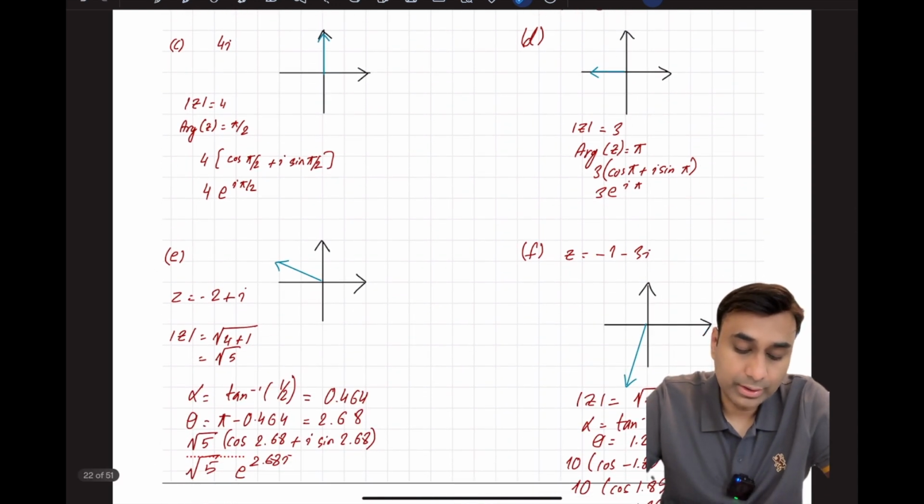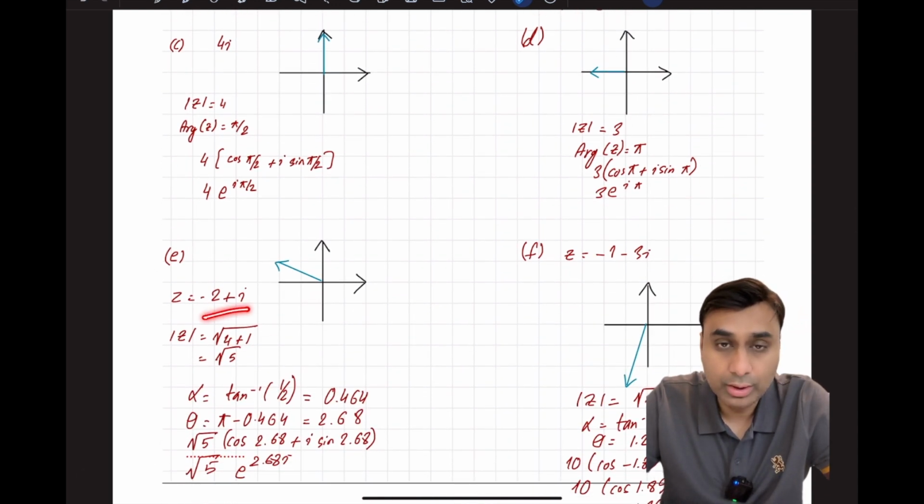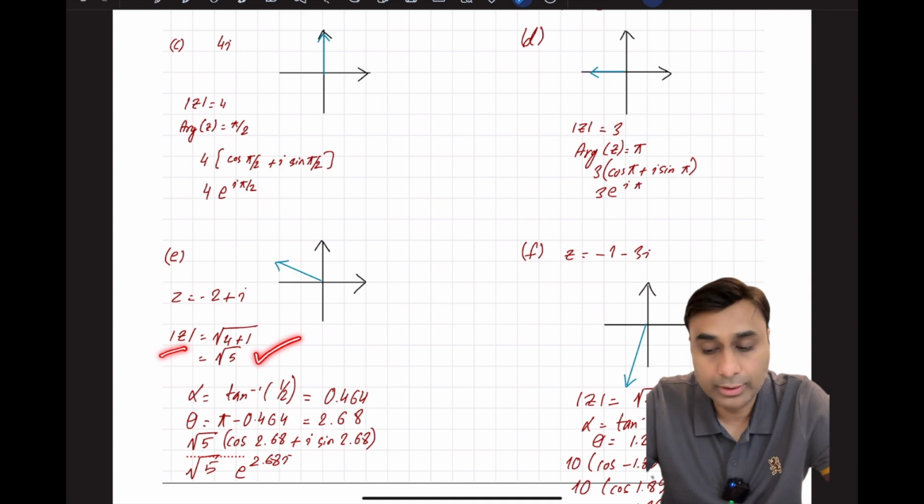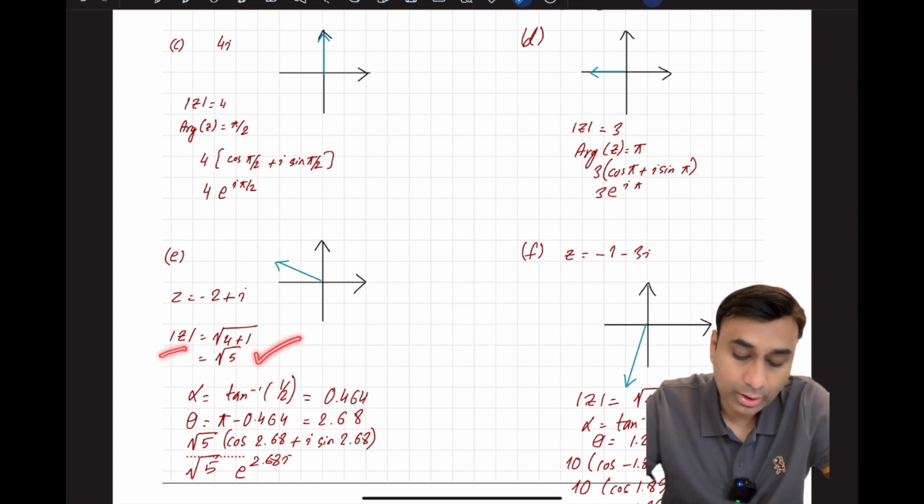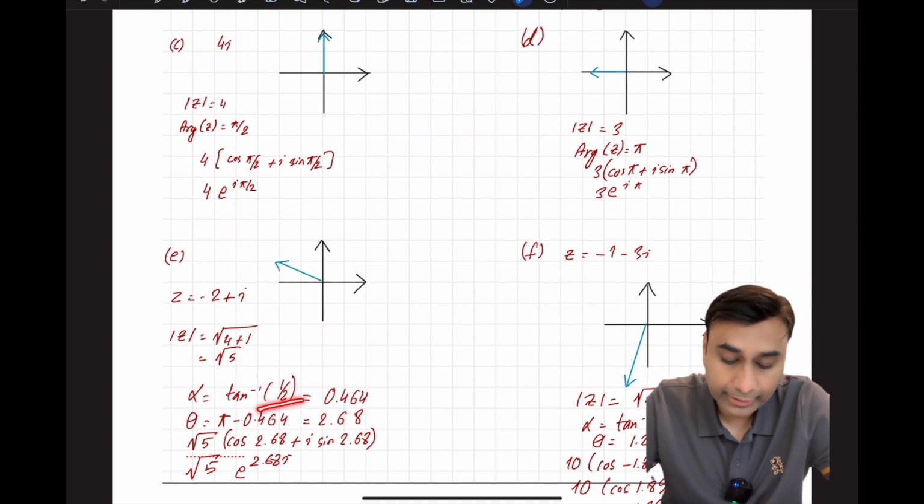If I have a complex number as minus 2 plus iota, real part being negative and imaginary part being positive, this is going to be lying in the second quadrant. So I can find the modulus by using the Pythagoras theorem, the modulus formula. I can find the basic angle and then identify that in the second quadrant the argument is pi minus alpha.